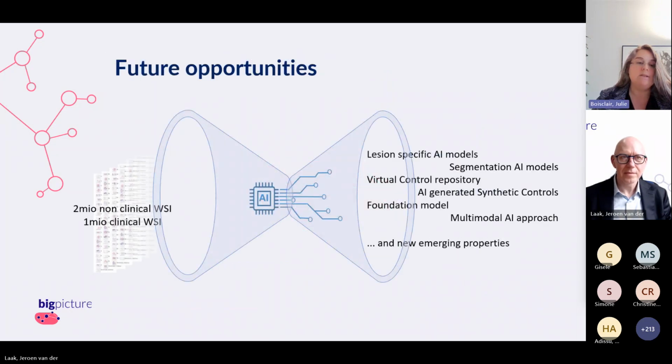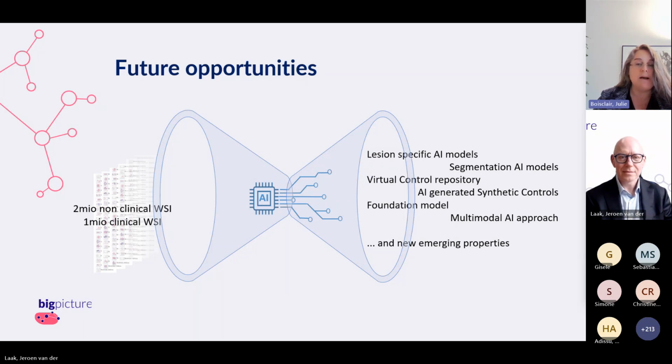with the opportunities. So when we started this project, there were a few types of approach that we were looking into. And now there are some new emerging properties that we need to take into consideration. So if we think about the foundation model, this was not something that was really in vogue, at least in histology when we started this, or something that we thought would be coming.